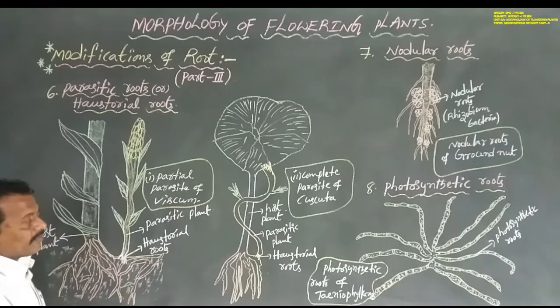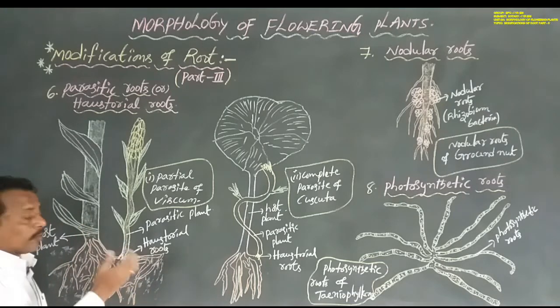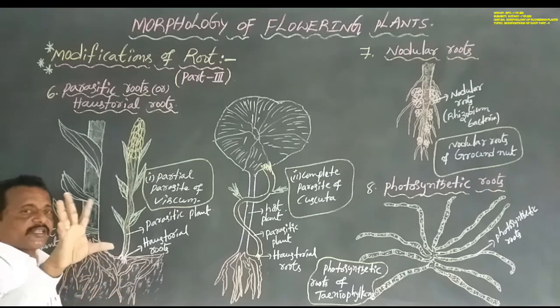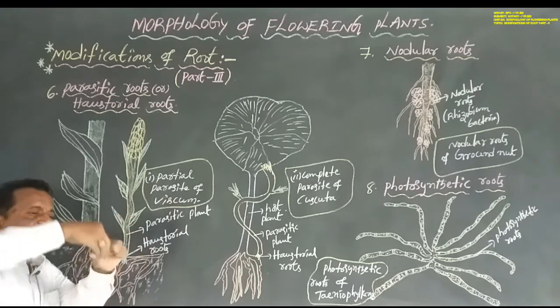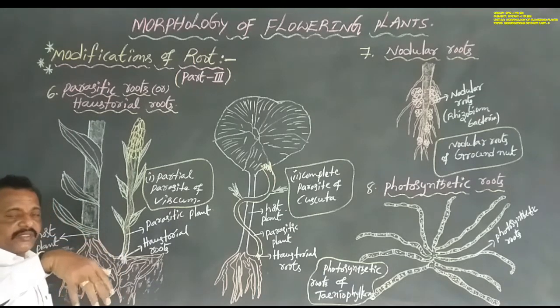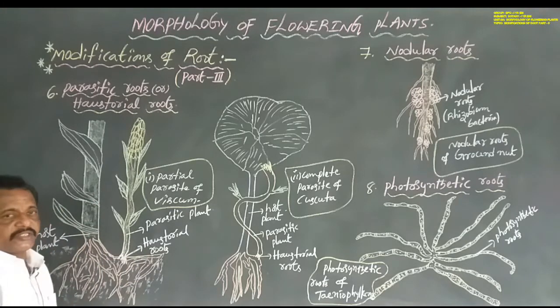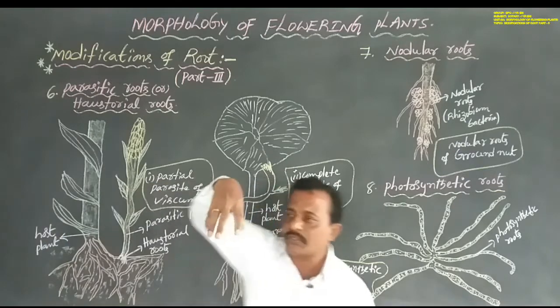The Viscum and the Striga do not have true roots, so hand-like structures of roots are developed. This is a hand and these are the fingers. So hand-like structures of roots are developed in Viscum and Striga; these are haustorial roots.